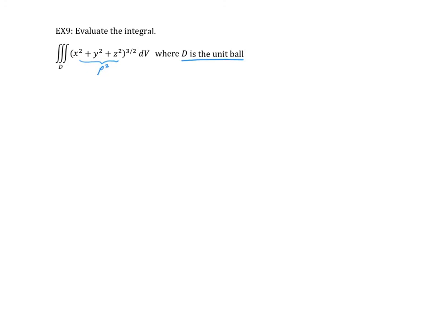Since it's the unit ball, I know that rho is going to go from 0 to 1. And it's the whole ball, so theta is going to go from 0 to 2 pi. And phi is going to go from 0 to pi.